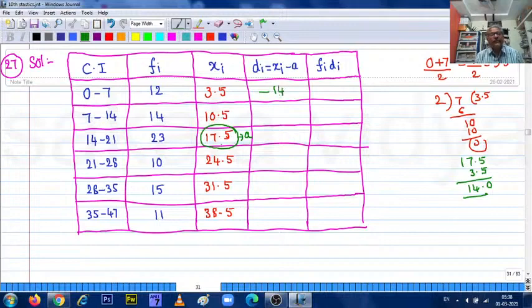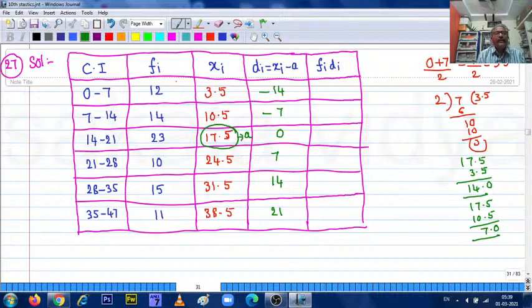Next 10.5 minus 17.5 gives negative 7. 17.5 minus 17.5 gives 0. Then 24.5 minus 17.5 gives 7. Now go on adding 7: 7 plus 7 is 14, 14 plus 7 is 21. In a very simple manner you can write: minus 14, minus 7, 0, 7, 14 and 21.